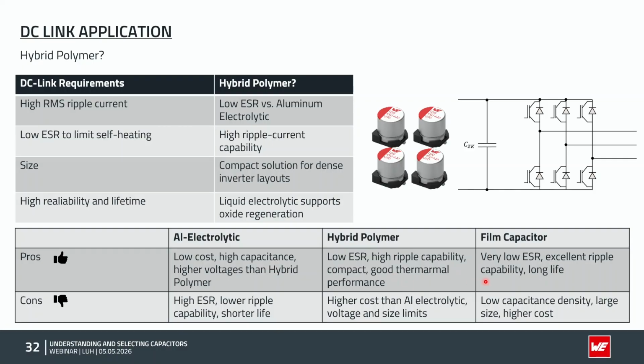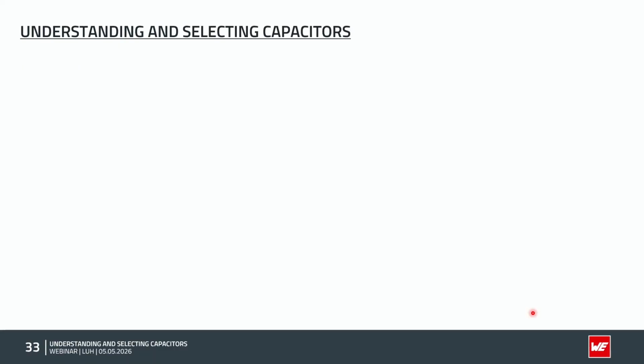If we speak about film capacitors, they offer very low ESR, excellent ripple current capability, long life, and also, what I didn't write here, the voltage for these film capacitors is very high, so you don't need to connect them in series. But the disadvantage is you don't get a lot of capacitance in the same package. So that was just to compare the different technologies for the DC-link application.